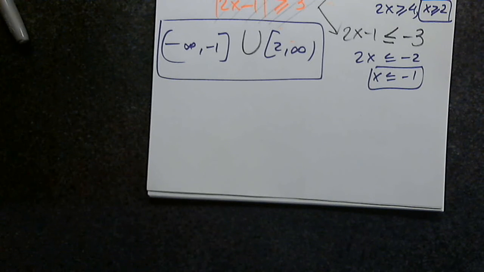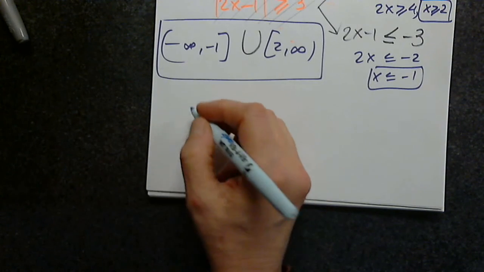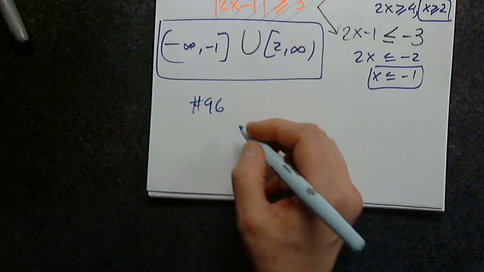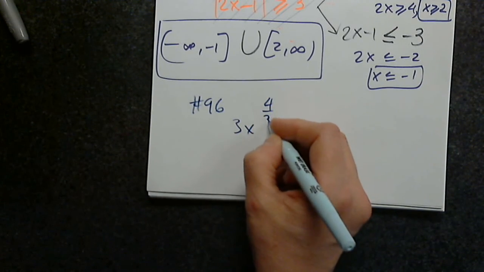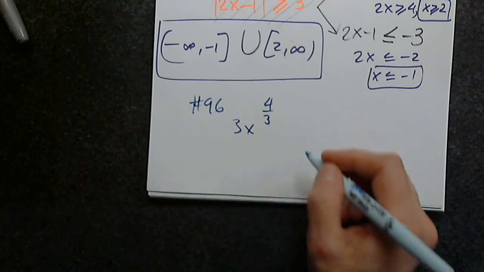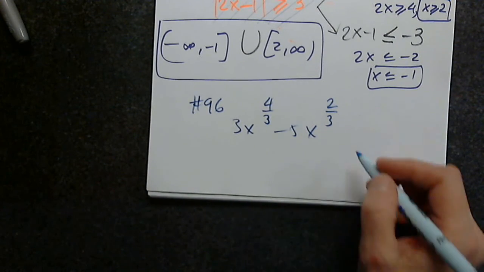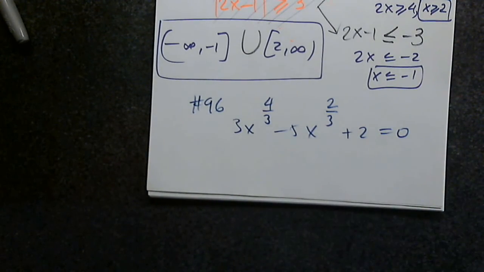I'm looking at problems on page 212. So here's 196. 3x^(4/3) minus 5x^(2/3) plus 2 equals 0. So that's one.